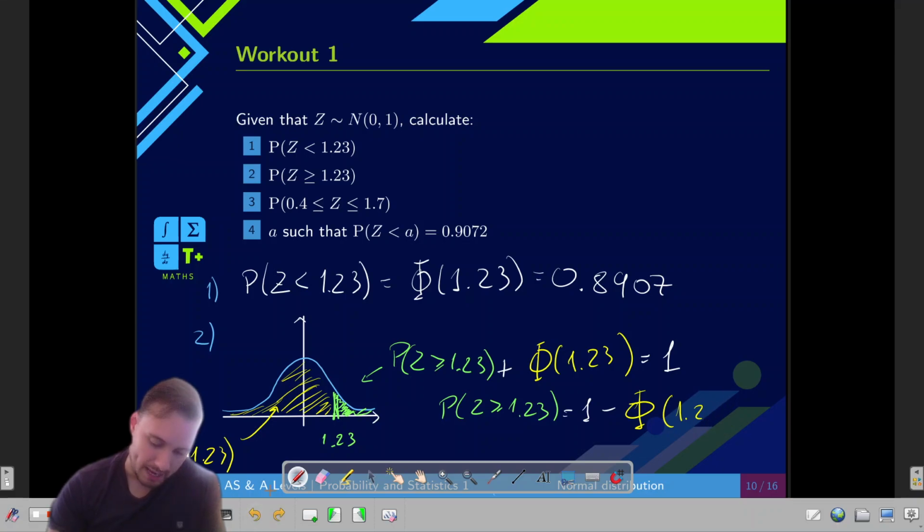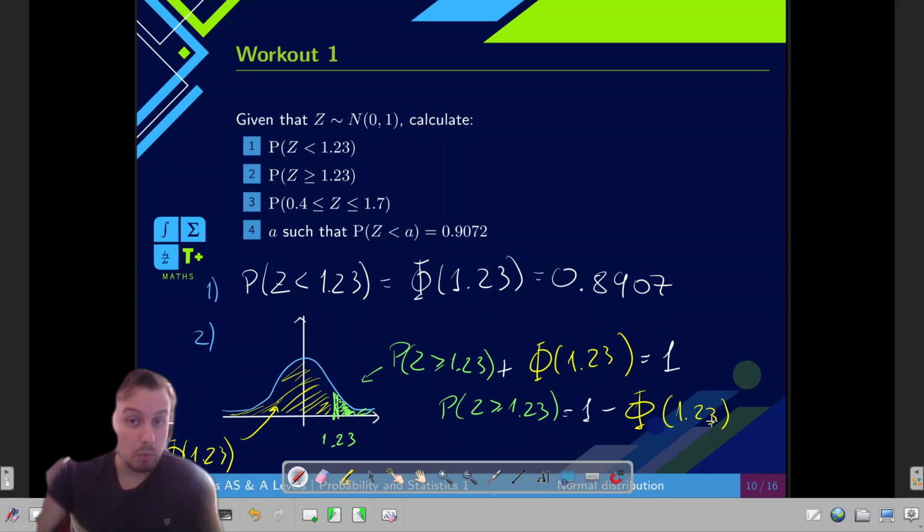This always happens, okay? This is a rule that always happens. The probability that Z is greater than a number is 1 minus phi of the number. Remember that phi is the number that we look for in the table.